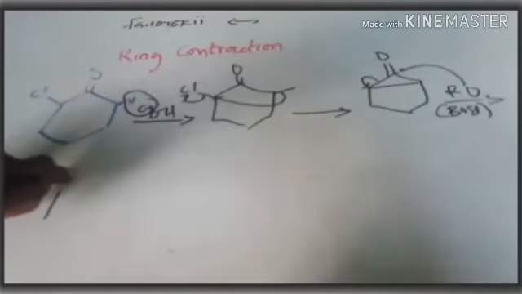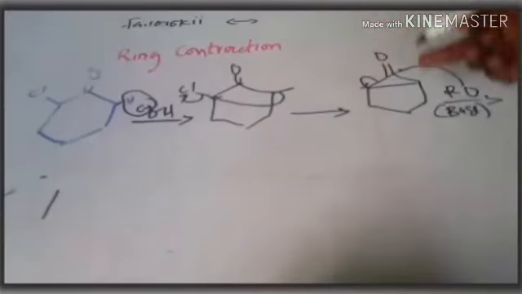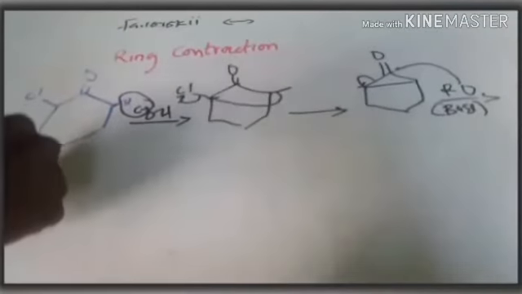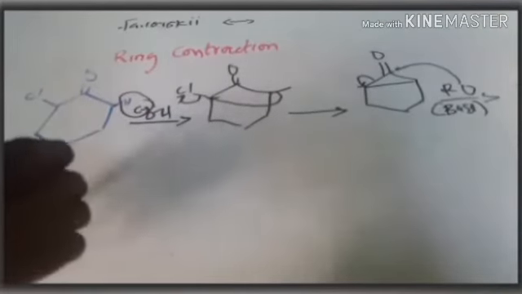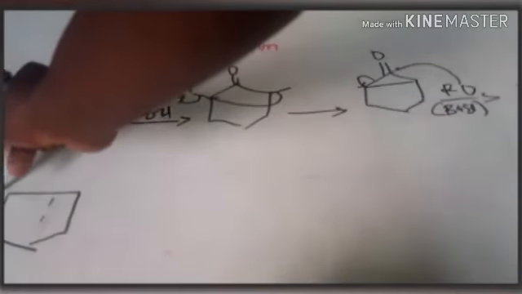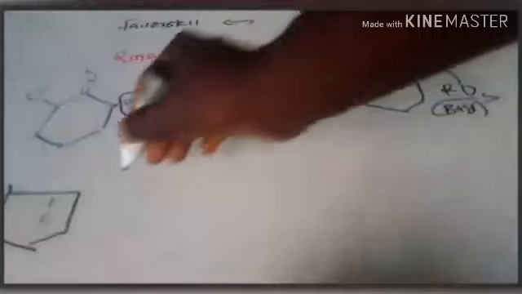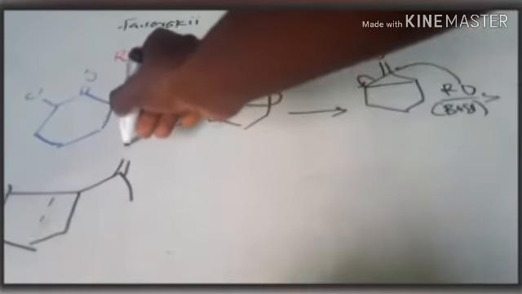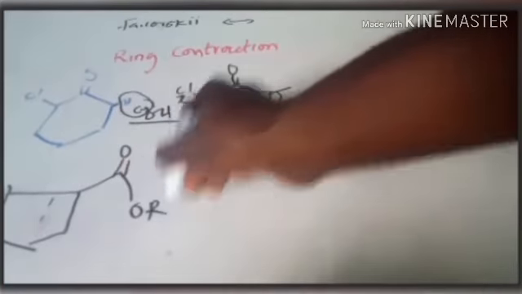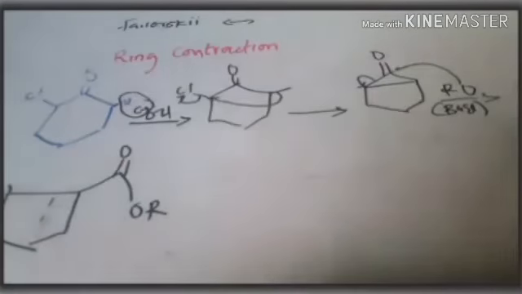The ring is now open, so it happens this way. We have a 5-membered ring now, making this place negatively charged. This is the ketone, and we have our ester.